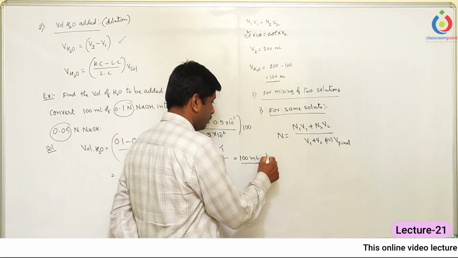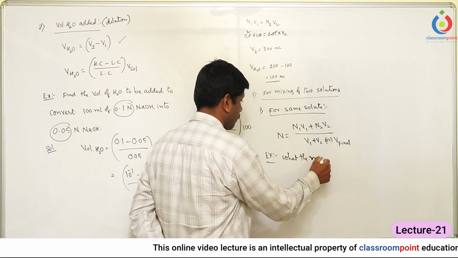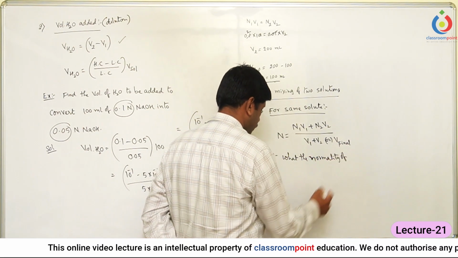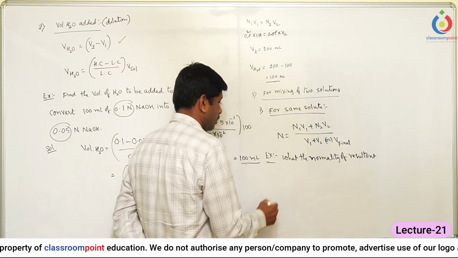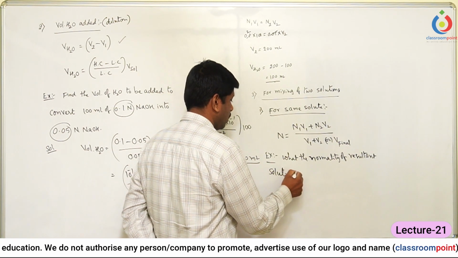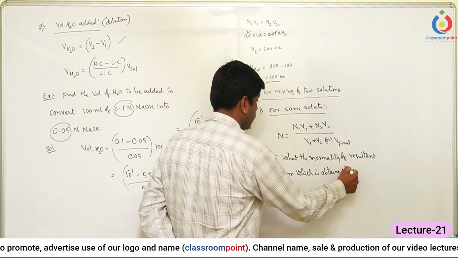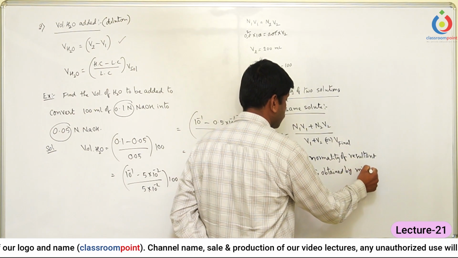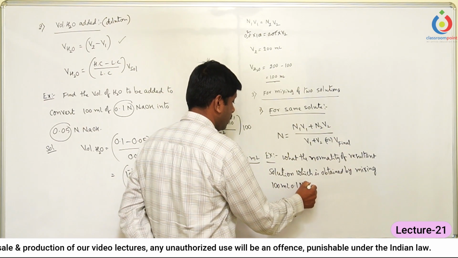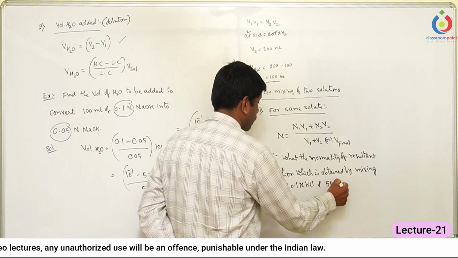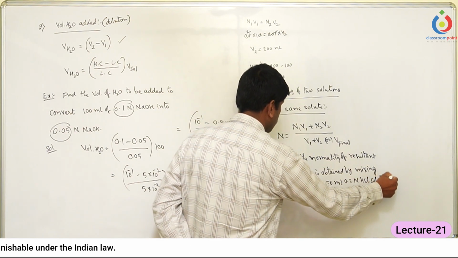Now let us take an example. What is the normality of the resultant solution obtained by mixing 100 ml of 0.1 N HCl and 50 ml of 0.2 N HCl solutions?